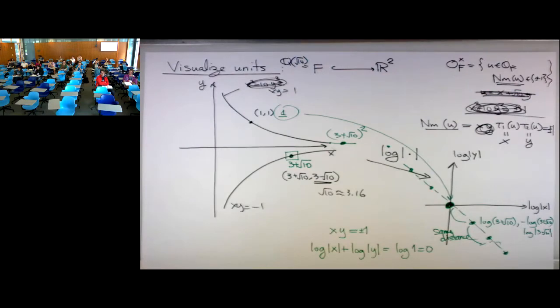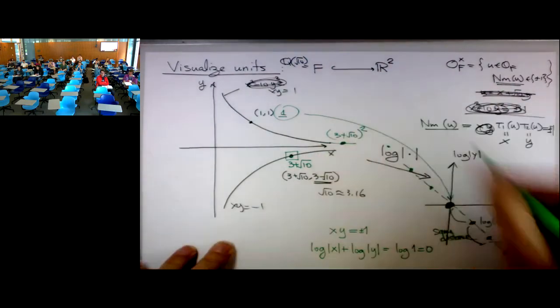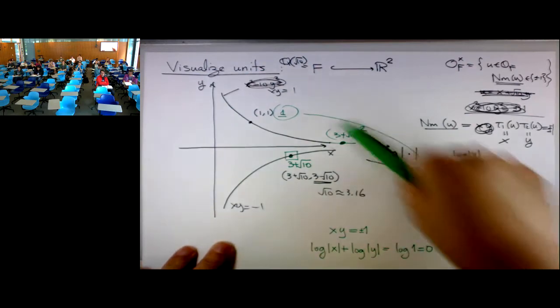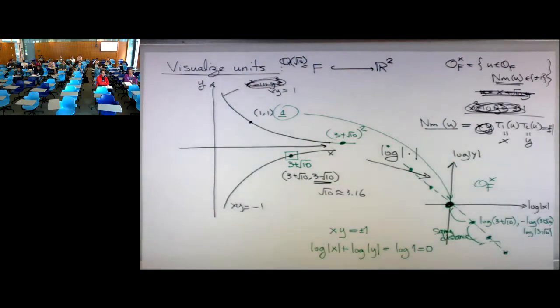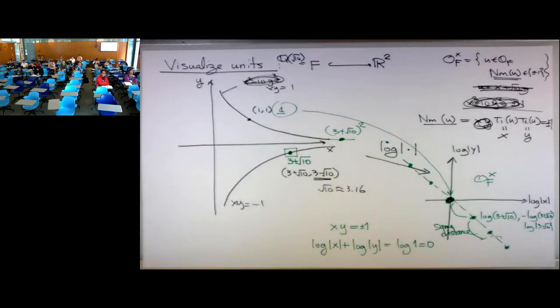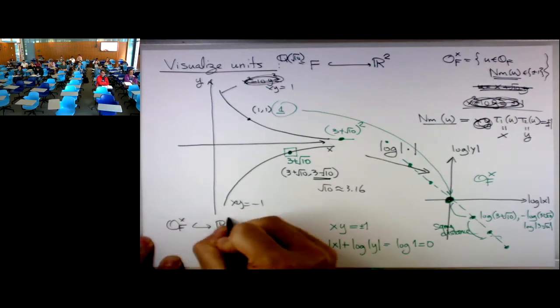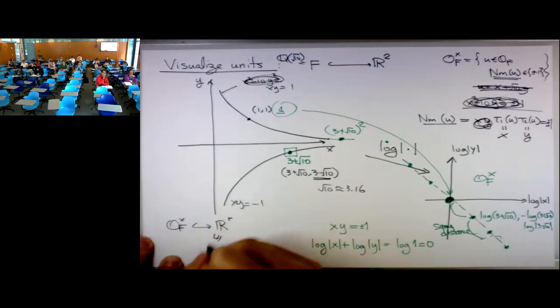So I just want to say that if you want to visualize O_F cross, it actually lies on a hyperplane in this coordinate, and the units form a lattice in this hyperplane. I'm doing this for the case of a real quadratic field, but in general, O_F cross will lie in some r-dimensional space, but in fact it lies in a hyperplane inside of here, and this becomes a lattice here.